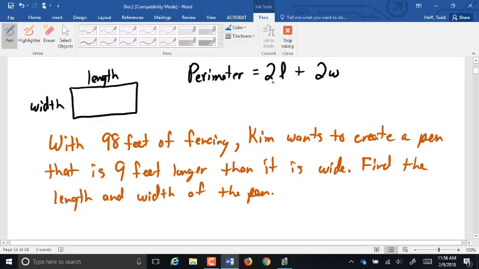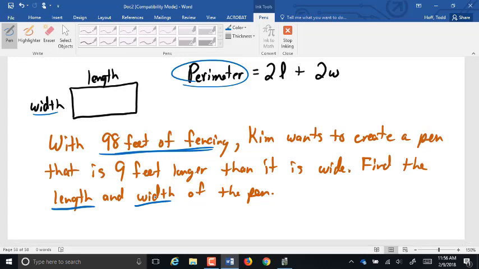So here, it looks like it doesn't really jump out and say that we're dealing with perimeter, but we are because we're given total length of fencing, which will be the perimeter, the total perimeter of that when we're done. Now, if we look at this, we have two values we're looking for. We're looking for the length and the width. At this point, we don't know how to solve for two variables in the same problem yet.